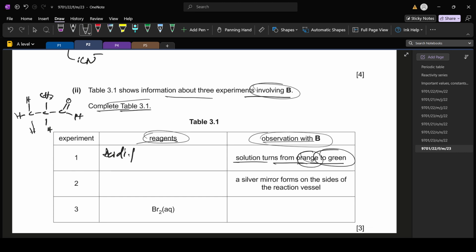Now a silver mirror forms on the sides of the reaction vessel, so it must be Tollens reagent, which is alkaline silver nitrate.